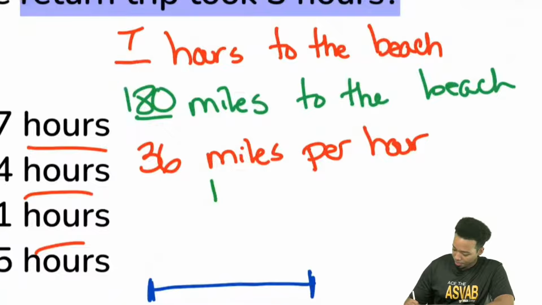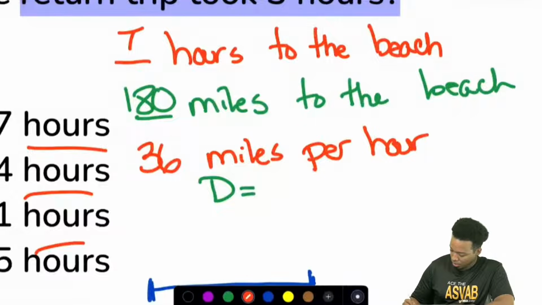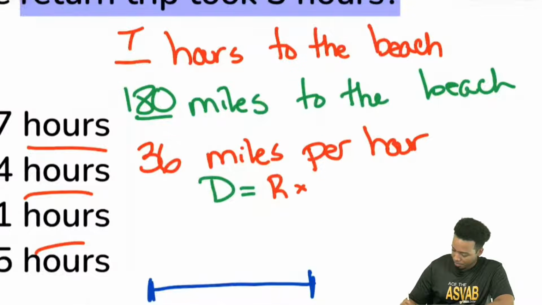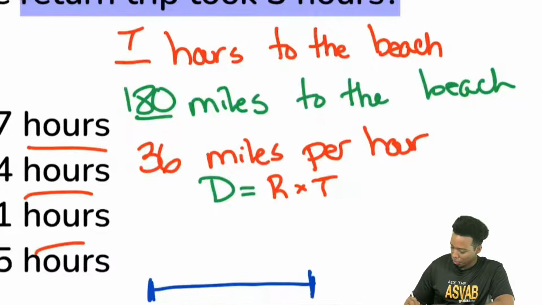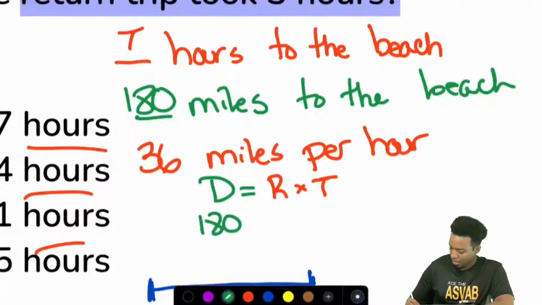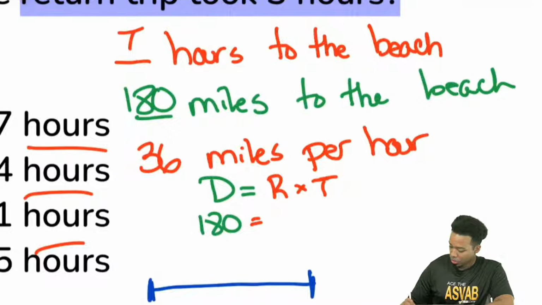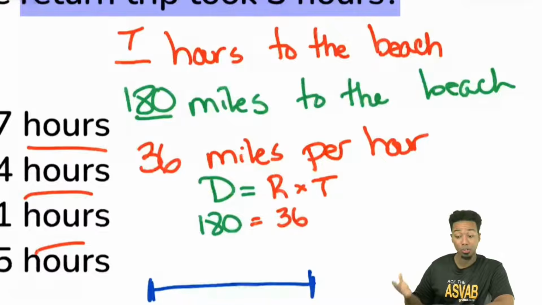Our distance equals rate times time. And our distance, again, that was gifted to us, 180 equals 36 miles per hour as the rate. And the time that it takes, we'll figure that out.